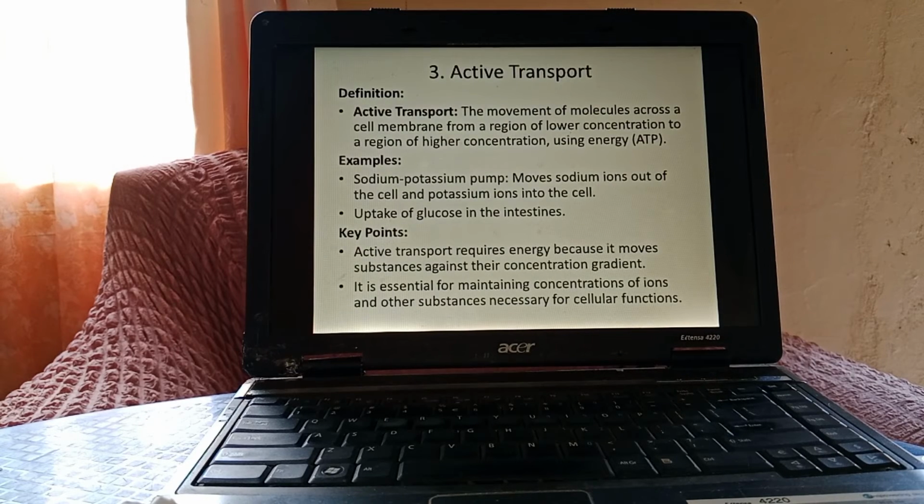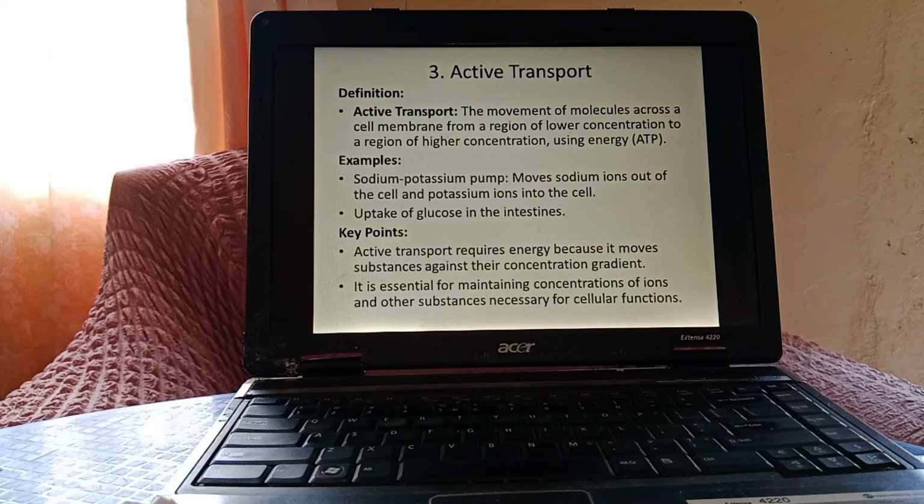So we come to active transport. Active transport is defined as the movement of molecules across a cell membrane from a region of lower concentration to a region of higher concentration using energy. Remember, the other two are passive.